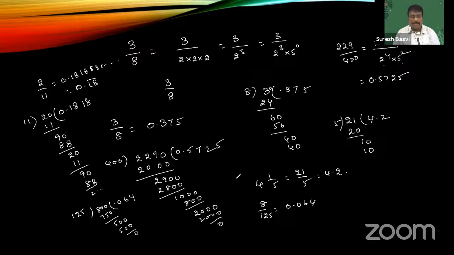Nothing but it can be written in the form of 2 power n, for only 5 power n. There is no 2 power n, but there 2 power 0 is there. 2 power 0 means 1. 1 is there. So that's why you can go through the screenshot. 0.064 is terminating, no doubt about that.